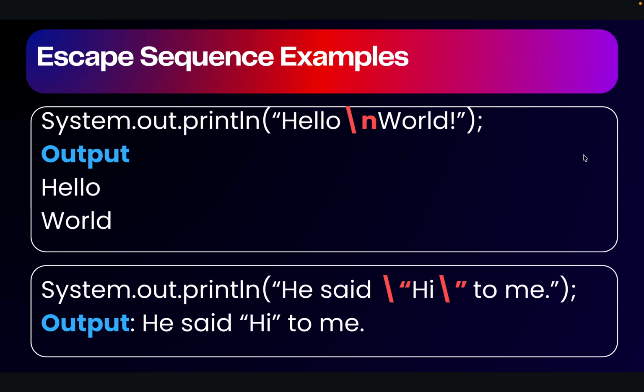So for you to actually visibly see a double quote in your output, you have to use backslash double quote as we have here on both sides. So the backslash has to go before each quote that you want to display in your string. So in our output, you see our double quote is around the word hi. So that is how you would use escape sequences when you need to format your Java strings.